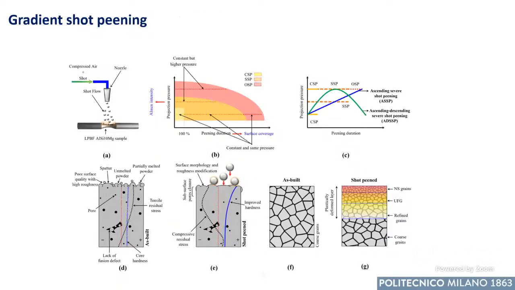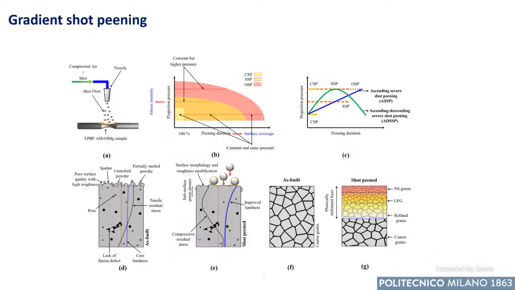And what is gradient shot peening? Indeed, I have already explained this graph, and usually shot peening is done this way. The pressure is defined and applied and maintained constant for the entire duration of the process. So we start from this value of pressure, and it remains the same till the end of the process, at the desired value of the coverage.